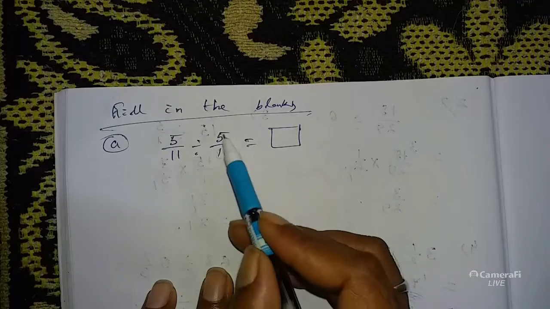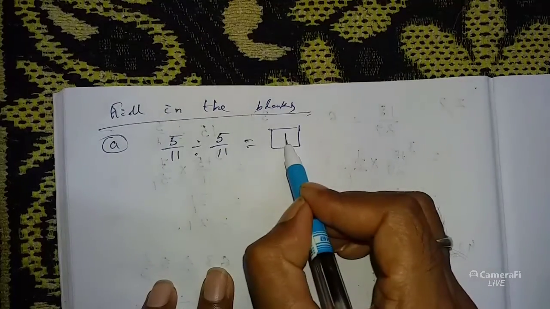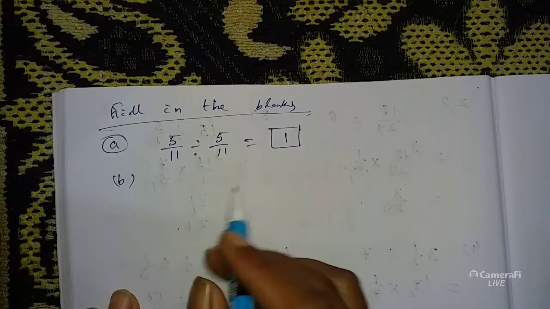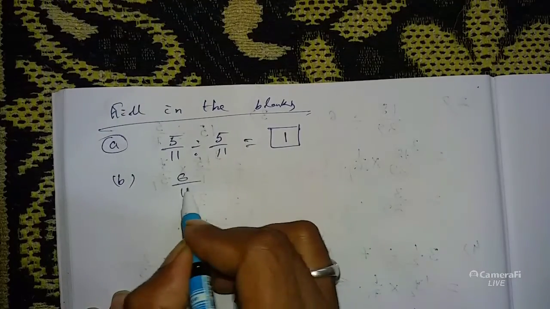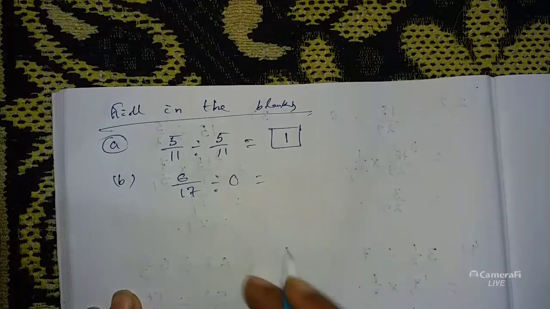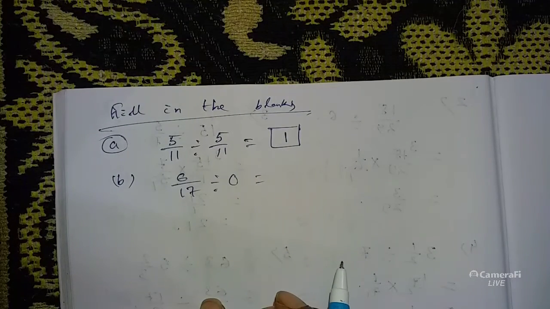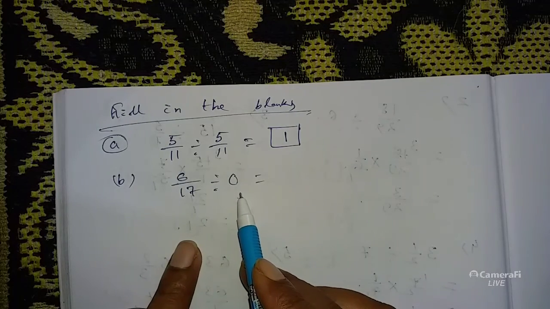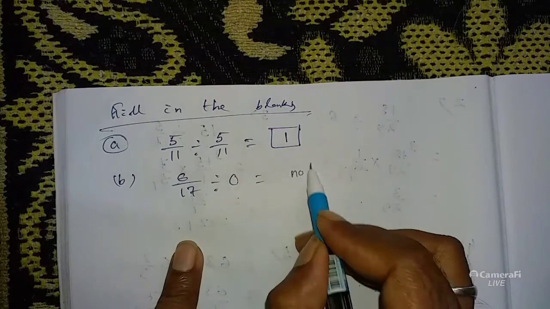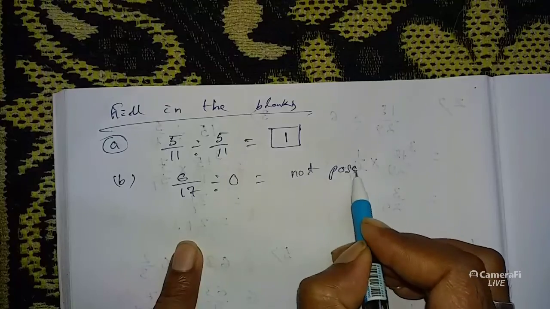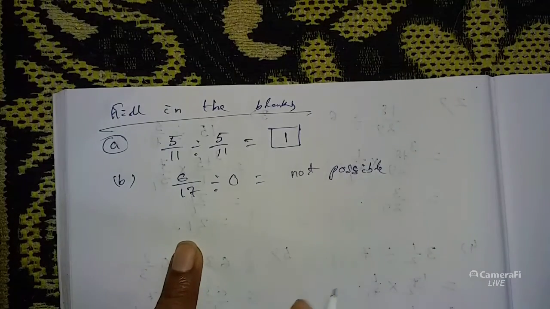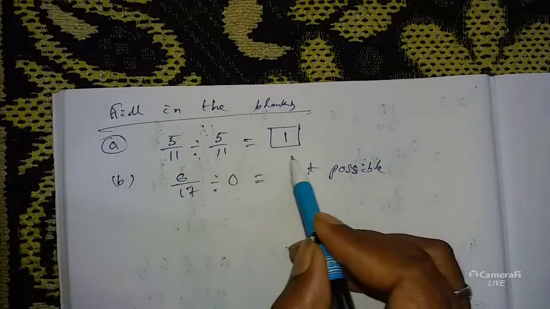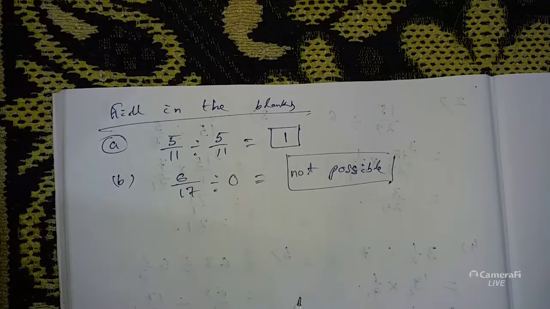The same fraction is divided by the same fraction, so the result will be 1. Number B, 6 by 17 divided by 0. What should be the answer? Here a fraction is divided by 0, which is not possible. No value you will get from here.